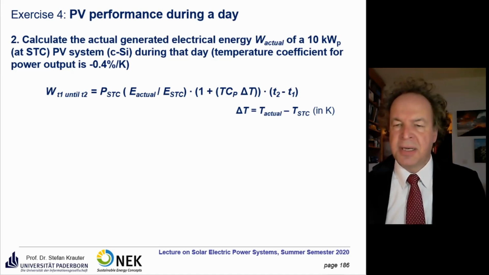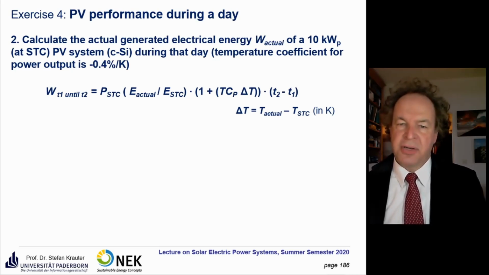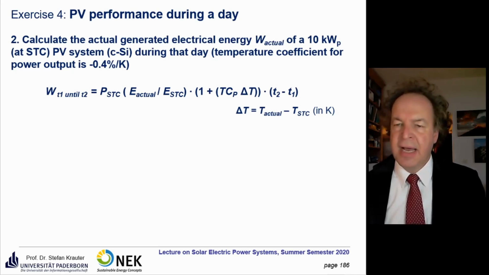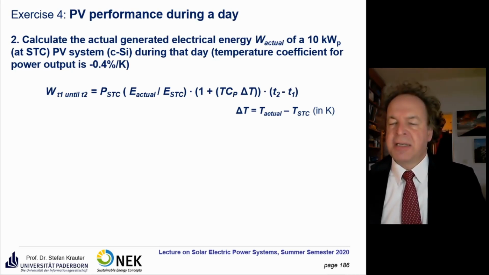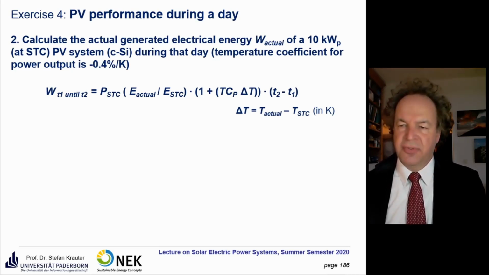Then we calculate the temperature effect. That's 1 plus the temperature coefficient times the temperature difference. The temperature coefficient is minus 0.4% per Kelvin, or minus 0.004 per Kelvin, and multiplied then by the duration of that period.